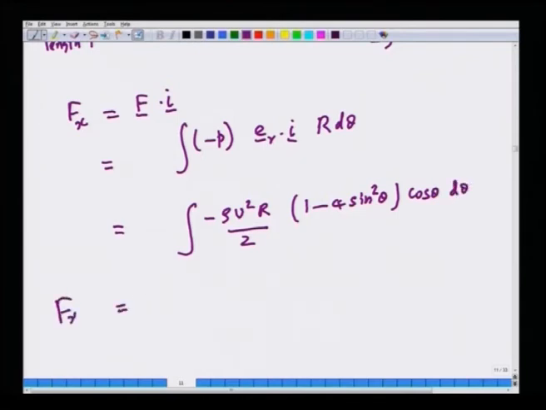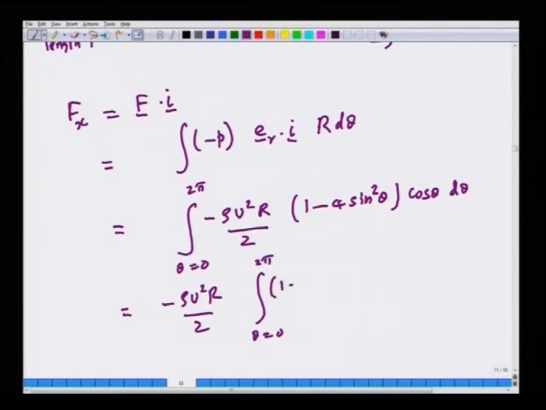So, the x component of the force is nothing but minus rho u squared. Before I do that, I look at this expression. Theta is going from 0 to 2 pi. So, this is equal to minus rho u squared r by 2, theta from 0 to 2 pi, 1 minus 4 sin squared theta.